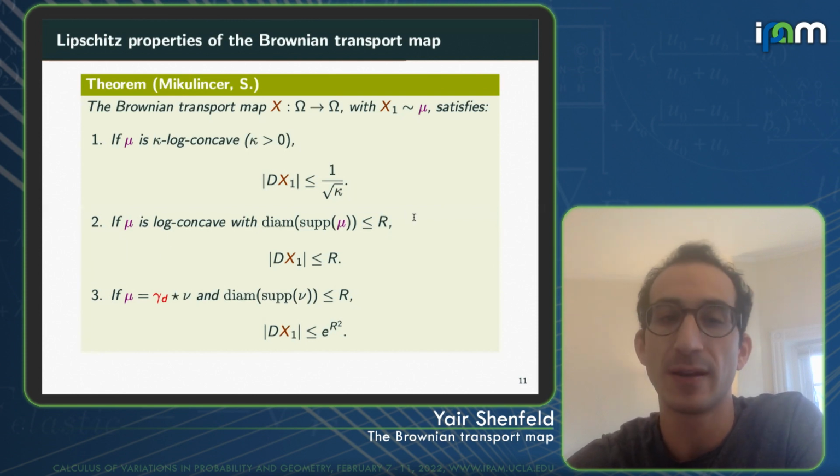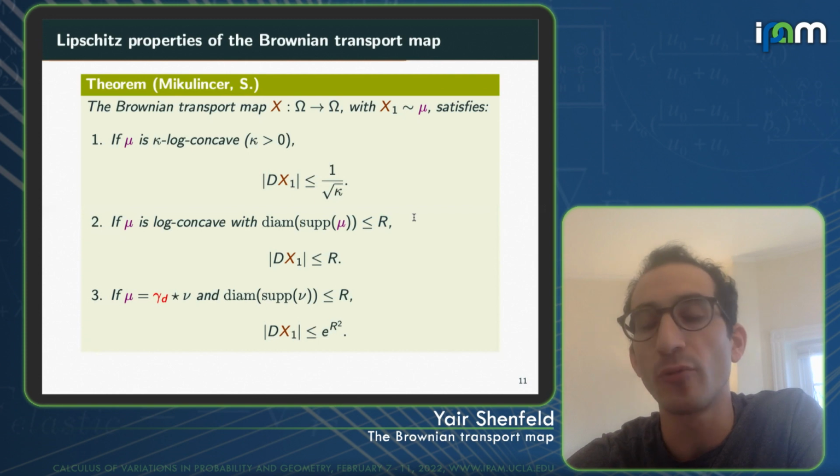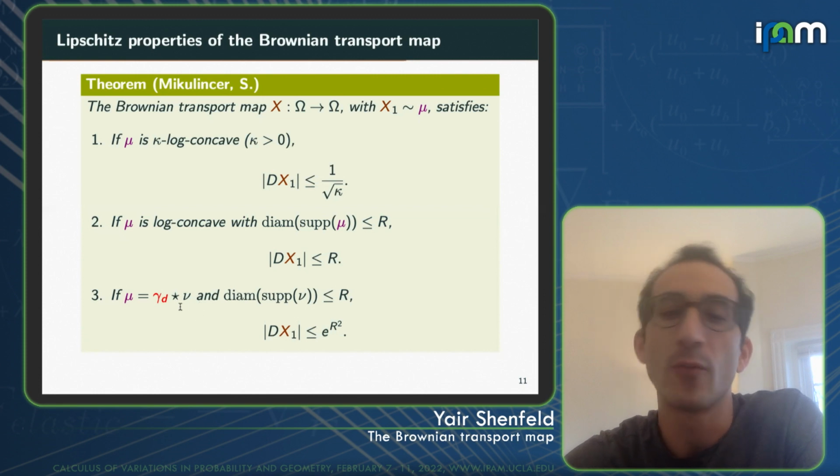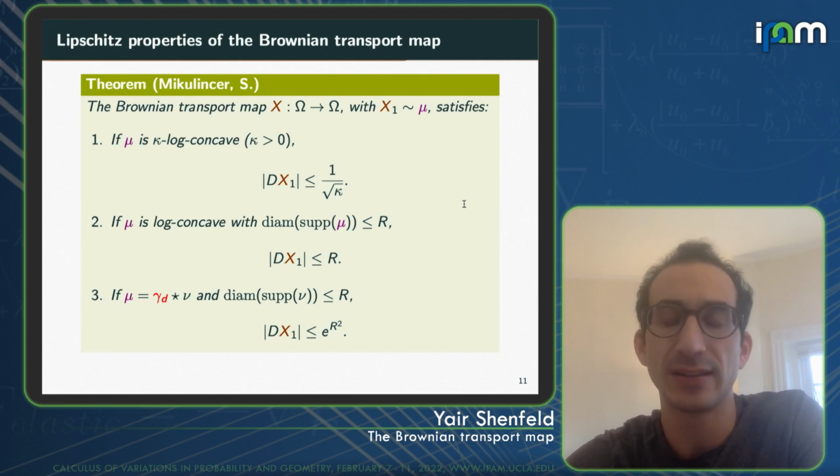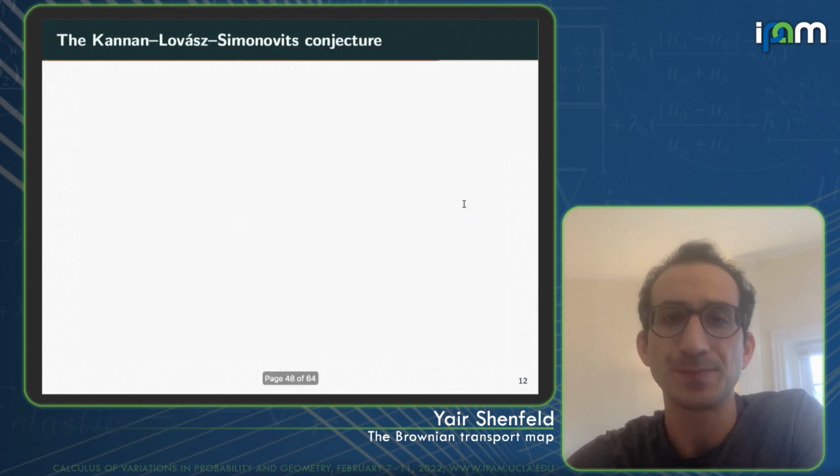And indeed, we can improve on some results, for example log-Sobolev inequalities, which are known to hold for a mixture of Gaussians. We can actually improve on the constant in that log-Sobolev using our transport map. But I don't have so much time to get into the application.